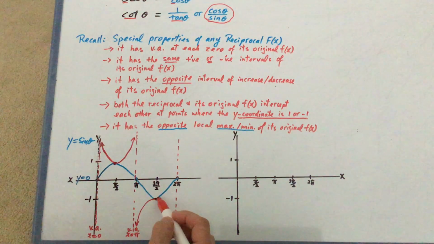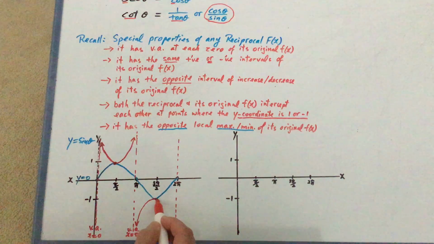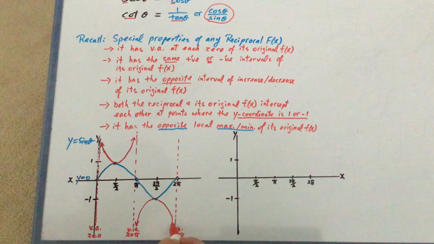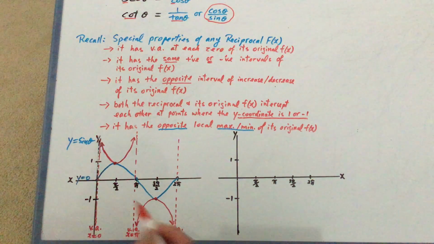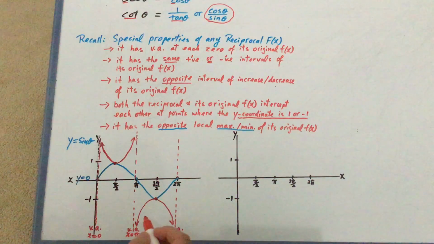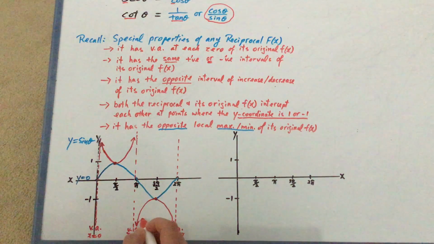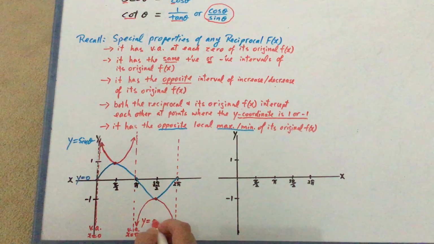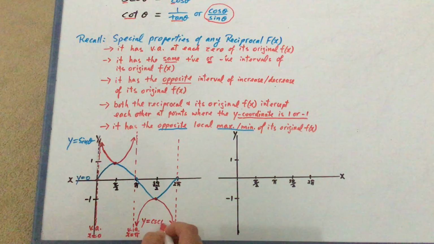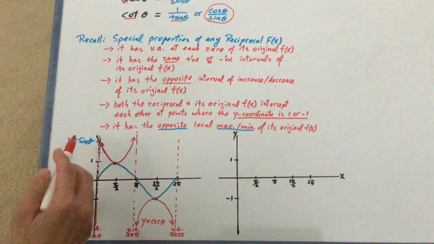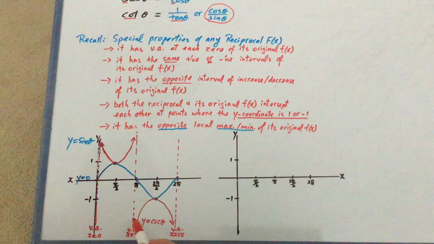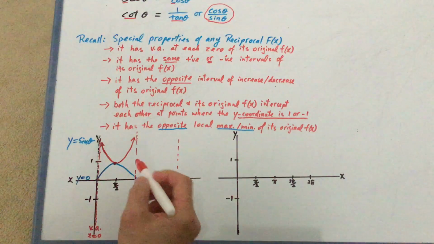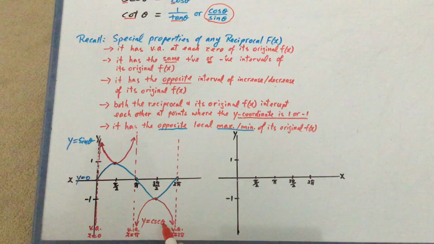For the other half, an interval of increase, so that means I'm going to have an interval of decrease approaching the vertical asymptote, okay? So this red one is going to be my y equal to cosecant theta, okay? The blue one is going to be the sine theta, but the red one is going to be the y equal to cosecant theta.